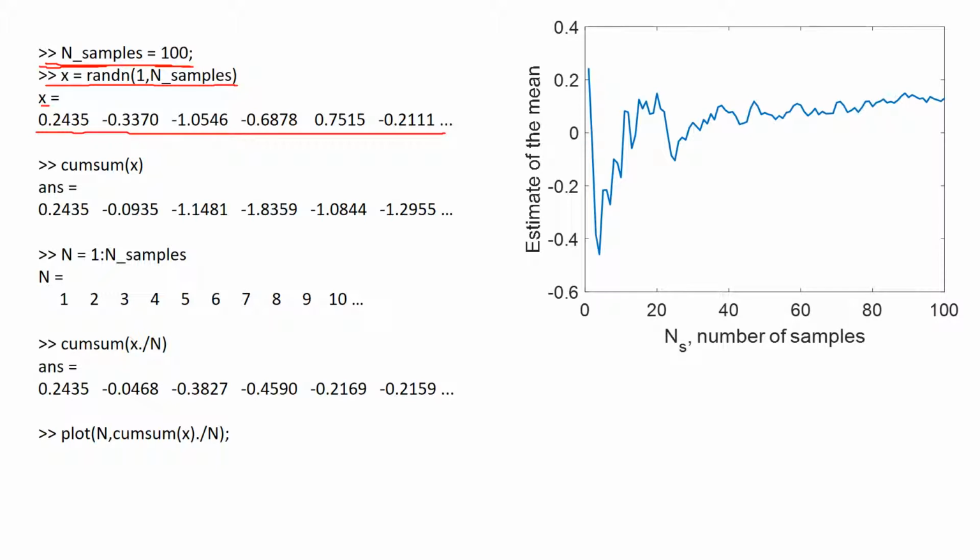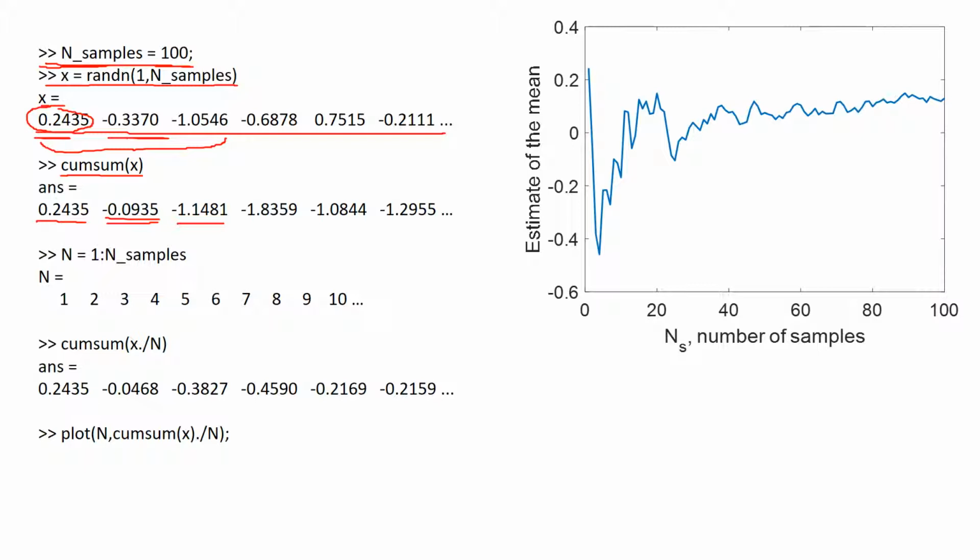Here are those values. Next, we use a command cumSum, which computes the cumulative sum of the list. The first entry of the cumulative sum is just the first number. Now, the second entry here is 0.2 something minus 0.3 something, or about minus 0.1. So the next entry is the sum of the first three numbers, and on and on and on.